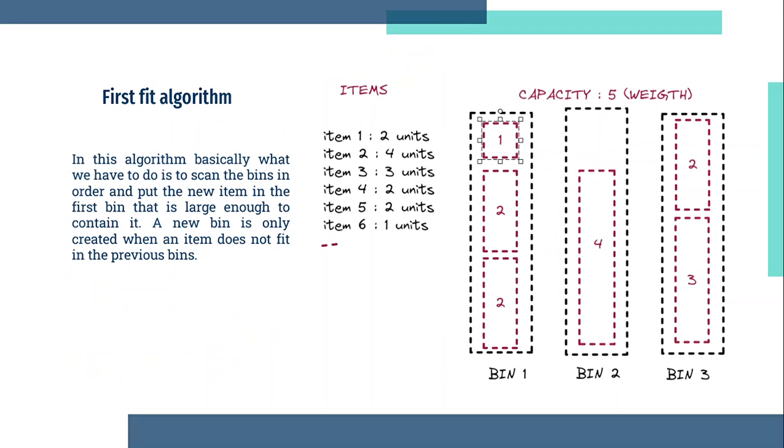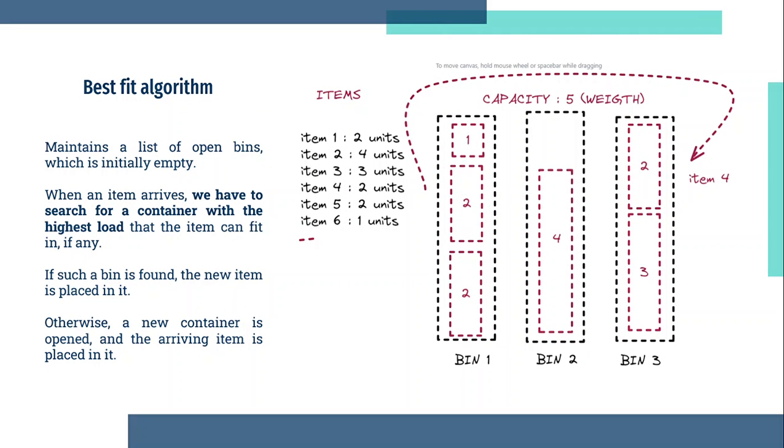Now, in the first fit algorithm, it is possible to recheck the other containers to see if we can save another item. So it's not necessary to open more containers if we have a container with the capacity to store another item. Another algorithm to solve this problem is the best fit algorithm.